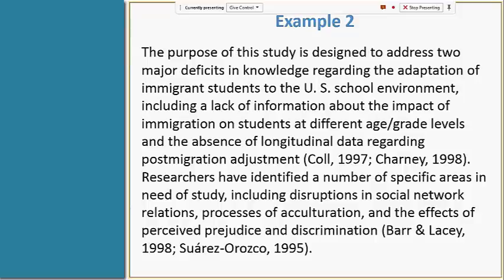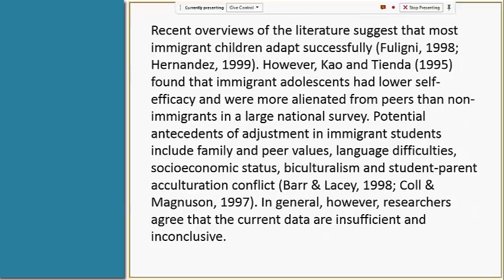Researchers have identified a number of specific areas in need of study, including disruptions in social network relations, processes of acculturation, and the effects of perceived prejudice and discrimination. Recent overviews of the literature suggest that most immigrant children adapt successfully.